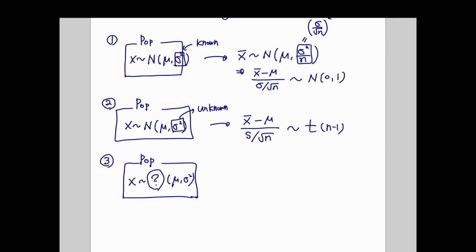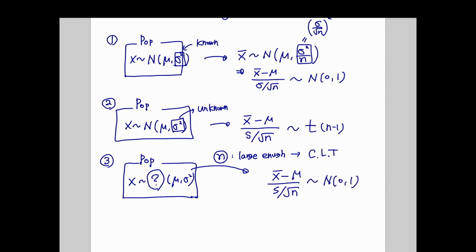In this case, if the sample size n is large enough, we can use the central limit theorem to approximate x bar minus mu over the sample standard deviation divided by the square root of n as following the standard normal distribution by CLT.